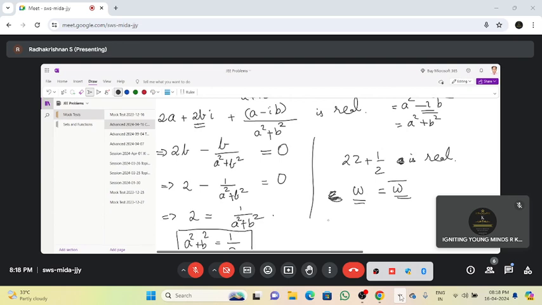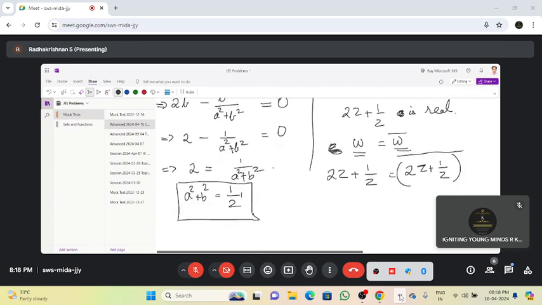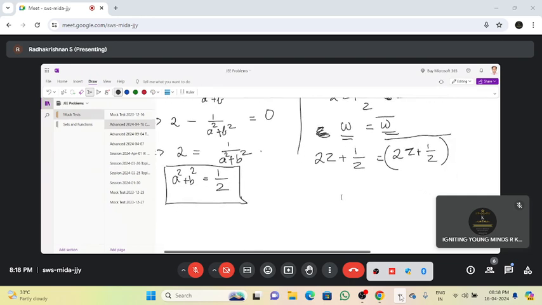So what can we do? 2z plus 1 by z equals the conjugate of 2z plus 1 by z. But the conjugate property says the conjugate of the whole thing is the conjugate of each part. You should remember these conjugate properties, the modulus, argument, all these things.